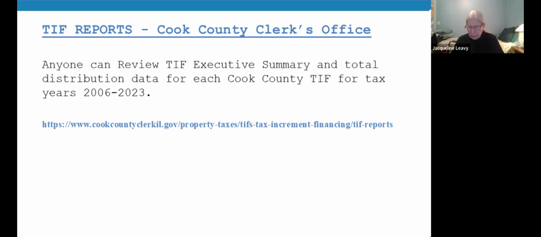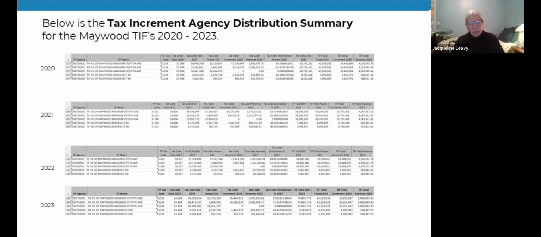And we'll share that link also with everyone, because I found it curious also, despite the Village of Maywood submitting its TIF reports to give a detailed, itemized breakdown of its activities in the current TIF districts, the Cook County Clerk's Office has been collecting that information for all municipalities within Cook County.